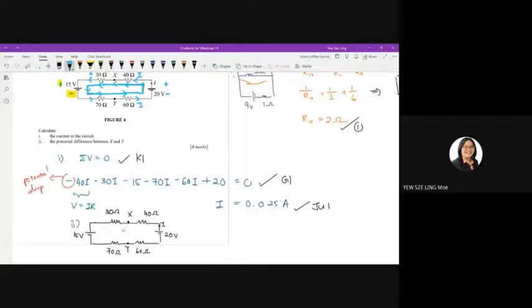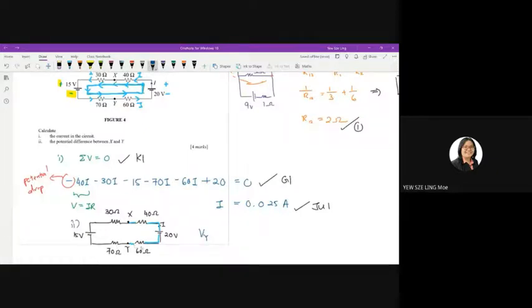So now let's say I want to take the path from y until x, the path on the right-hand side. So what am I going to do? I'm going to start to travel from Vy. So my Vy, I'm going to write it down first.